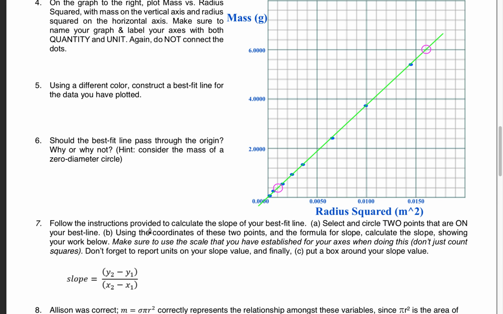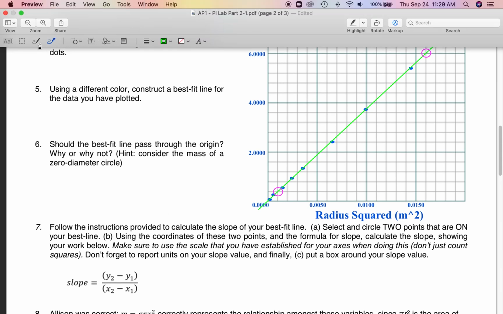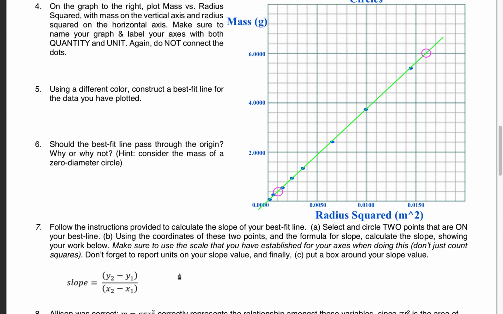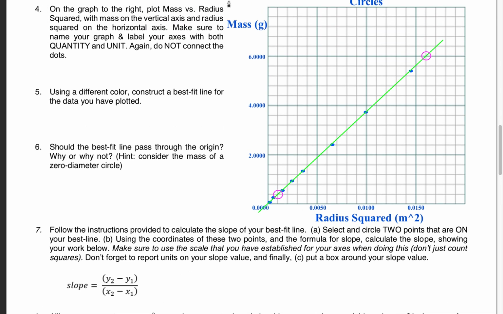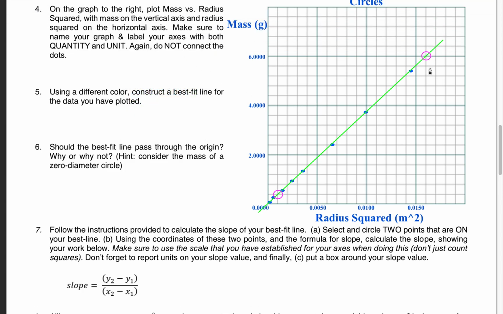Now we're going to use the coordinates of these 2 points and the formula for slope to calculate the slope. Let me grab my pen and change it back to pink. Let me get a text box.